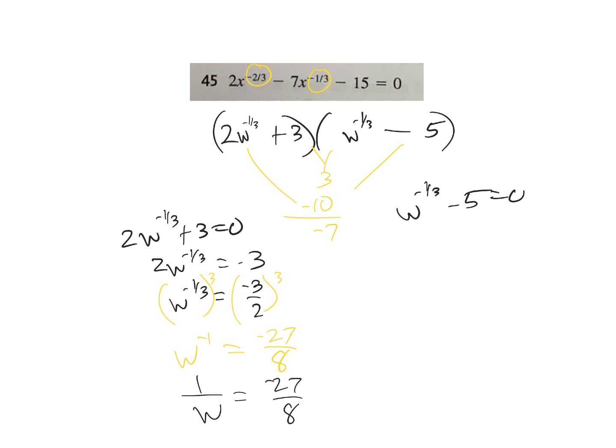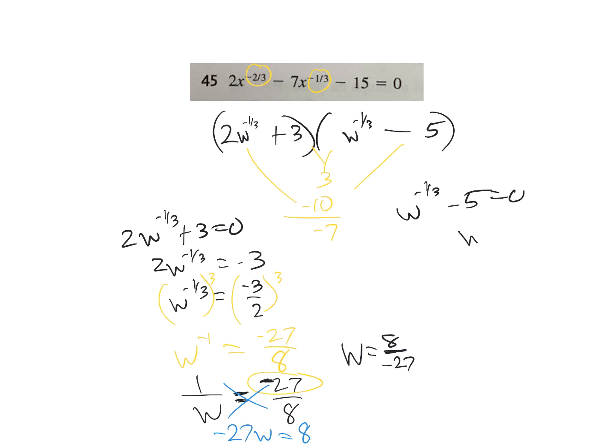And at this point, they don't match. Like, you would need to have a 1 up here for you to say that w is equal to 8. So all you do at this point is you cross multiply. So that's -27w equals 8. So our answer here should be w equals 8 over -27. Doesn't matter if the negative's in the top or bottom.